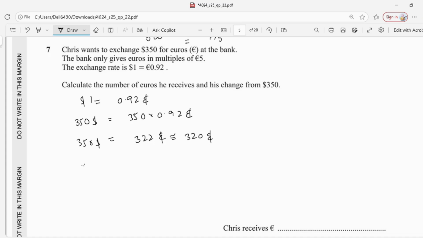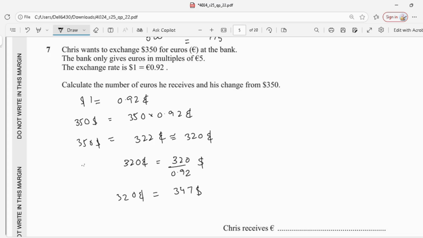So we have to just exchange the 320 euros into dollars. So 320 euros divided by 0.92 is equal to dollars, that will be $347. 320 euros will be $347.